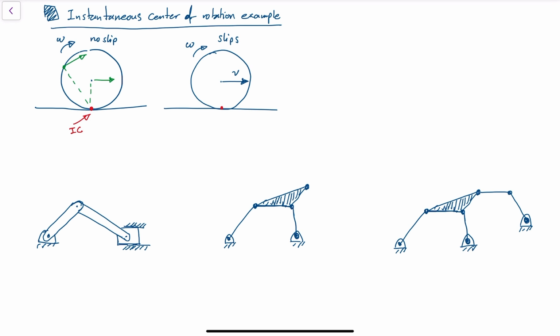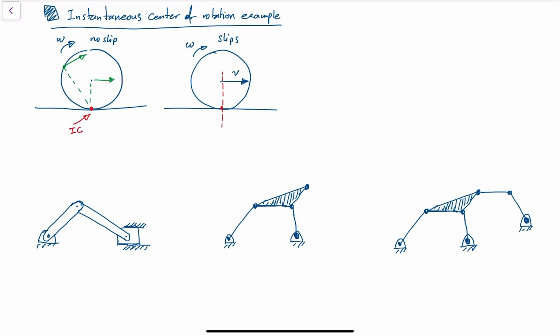One thing I can note is that because I know the velocity of the center, the instantaneous center must be somewhere along this perpendicular line, because the velocity of any point has to be perpendicular to the line connecting the IC to that point. So I know it is somewhere along here, but where along the line, I actually do not know.